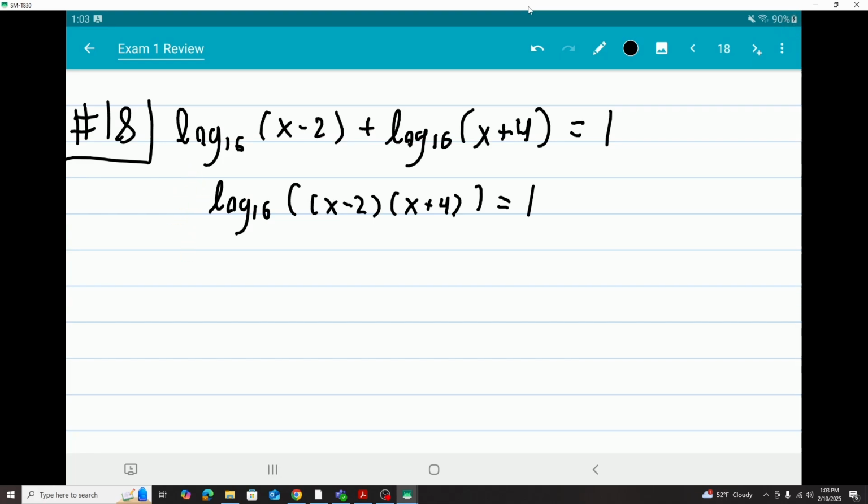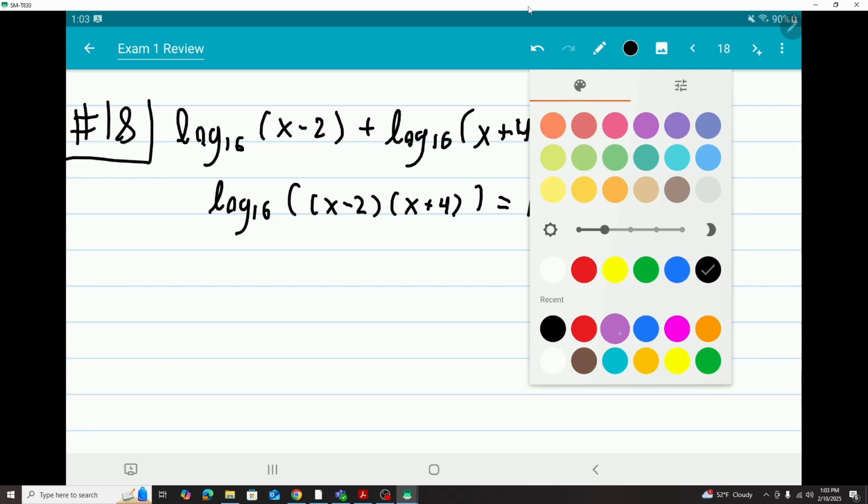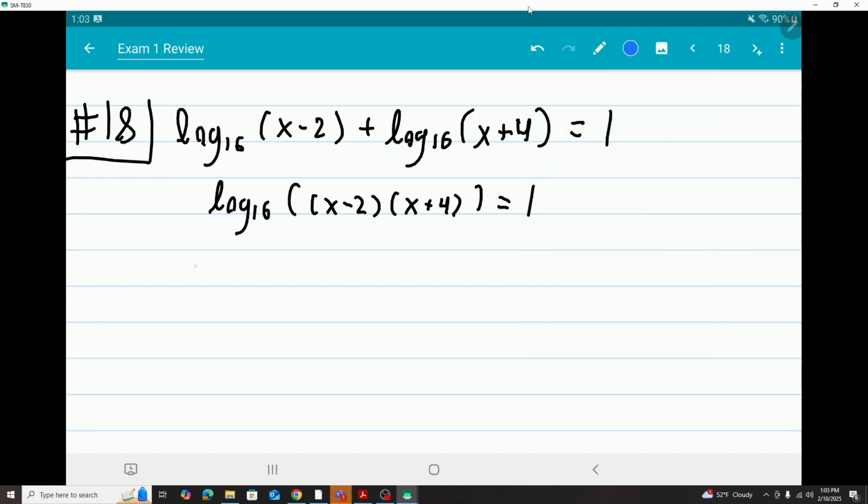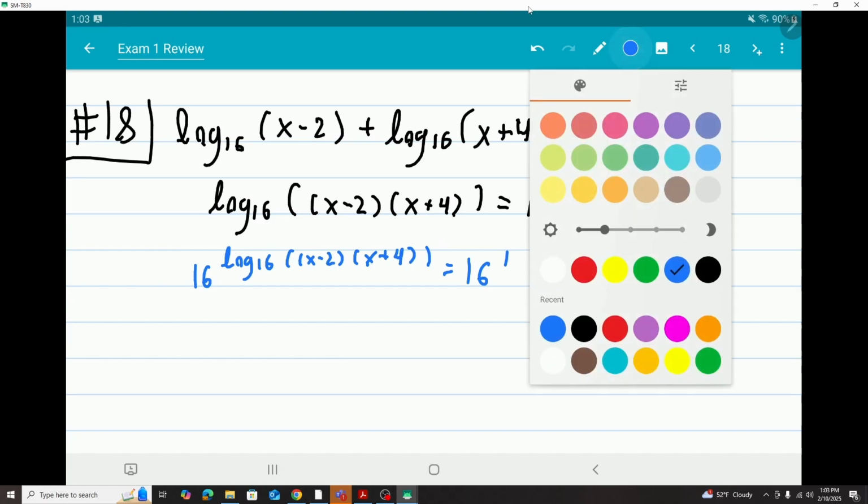And now what I can do is take 16 and raise both sides to this power. Because these two expressions are equal, I can say 16 to the powers are equal. That's perfectly fine to do. 16 to the log base 16 of x minus 2 times x plus 4 equals 16 to the 1. That's a legal move.